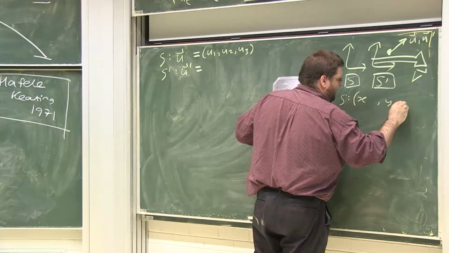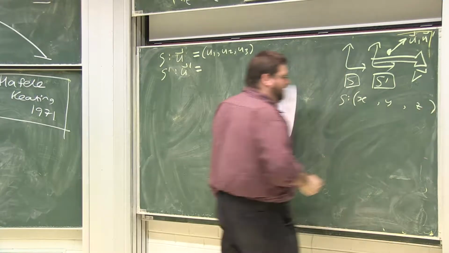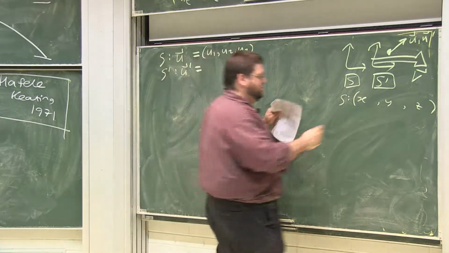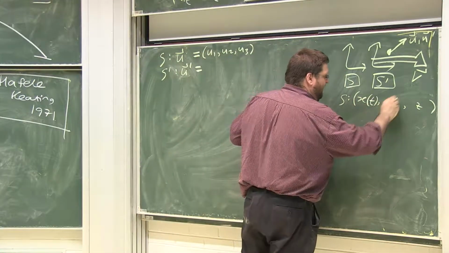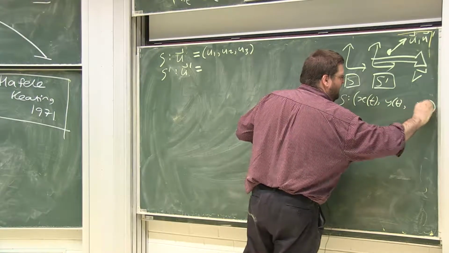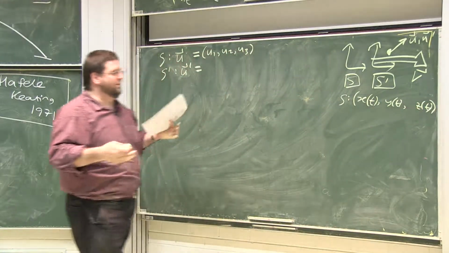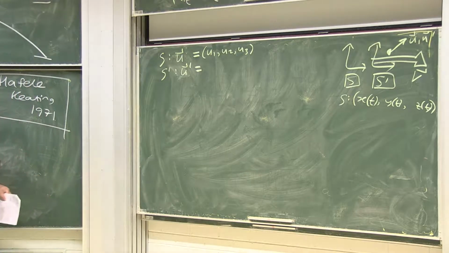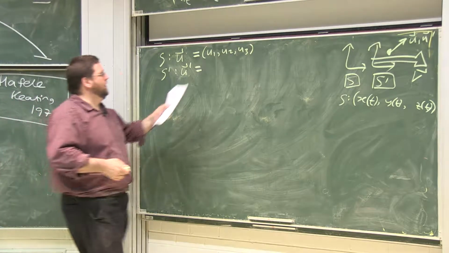Now, according to S, X, Y, and Z will be the coordinates of the particle as a function of the time relative to S. So X, Y, and Z here are functions of the time t according to the inertial frame S, similarly for S prime.